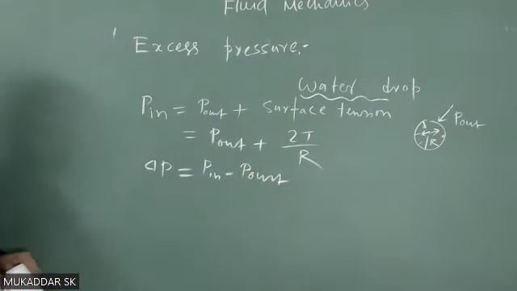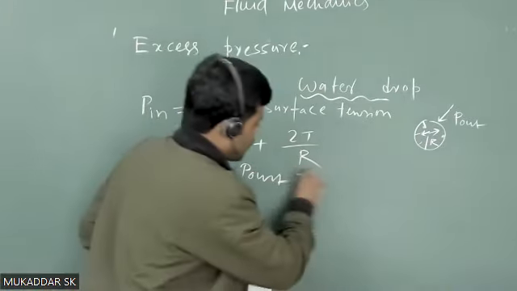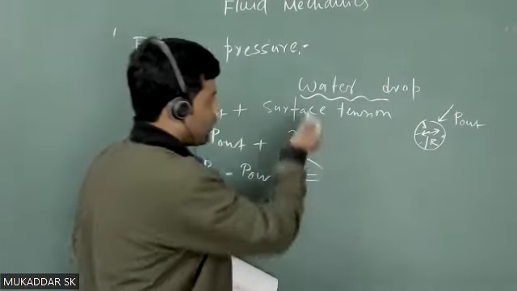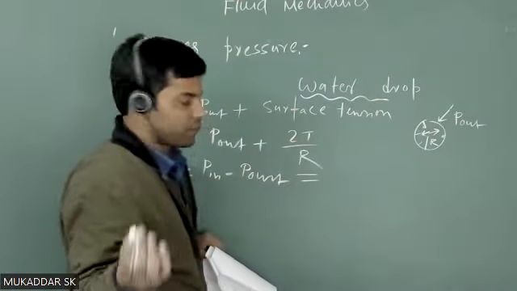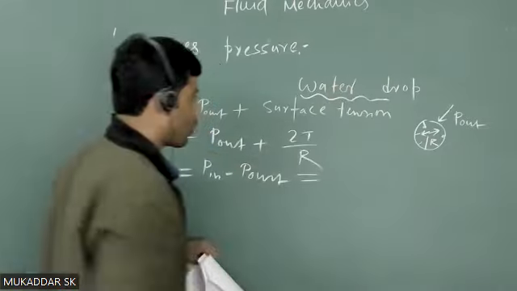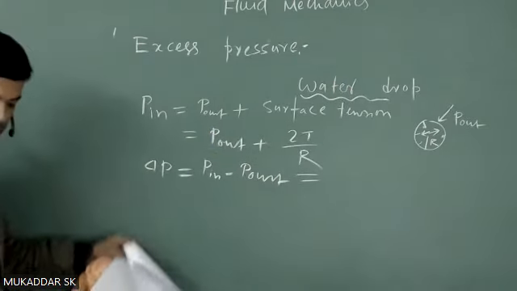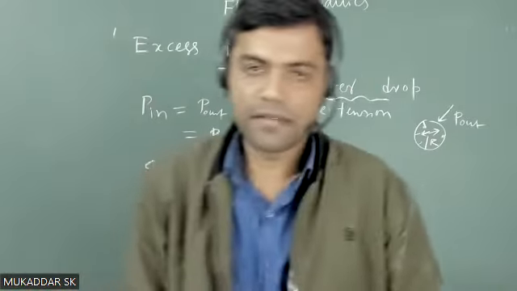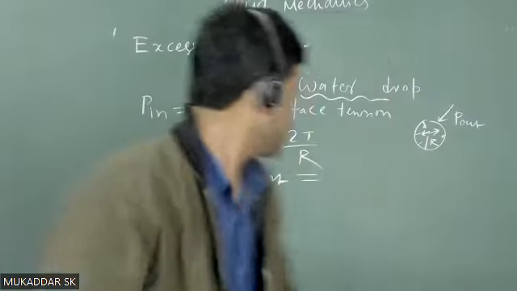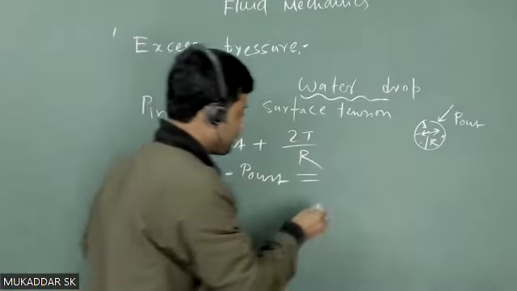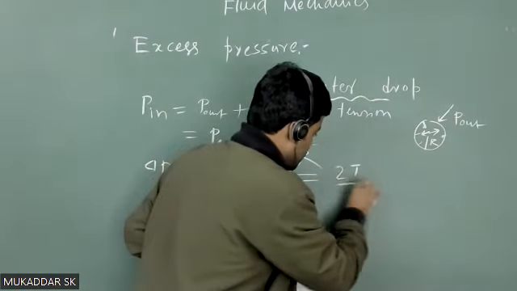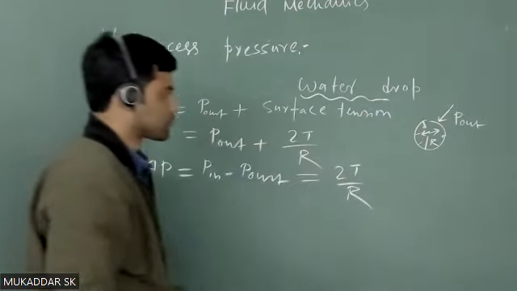For a drop, except a bubble, for example water, that pressure will be 2 times surface tension divided by the radius.